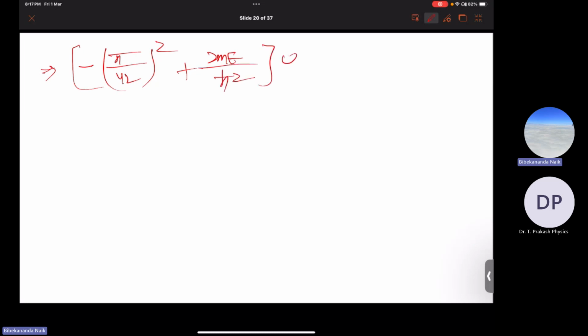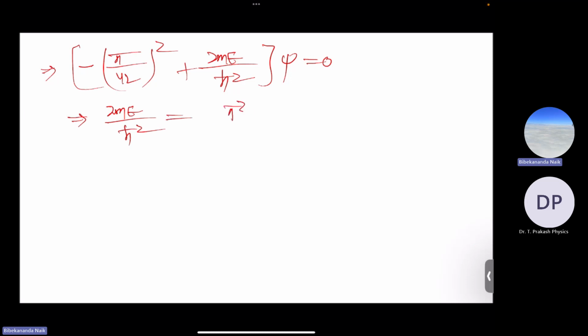So if you write it, it will be minus pi by 4l whole square plus 2me by h cross square, into psi equals 0. That implies 2me by h cross square equals pi square by 16 l square.